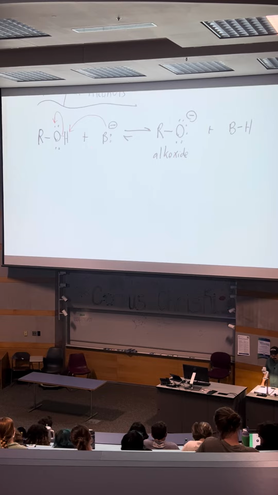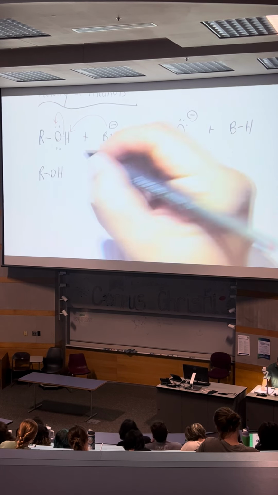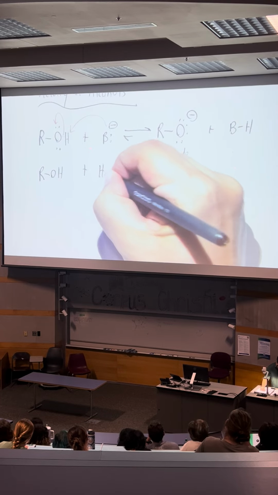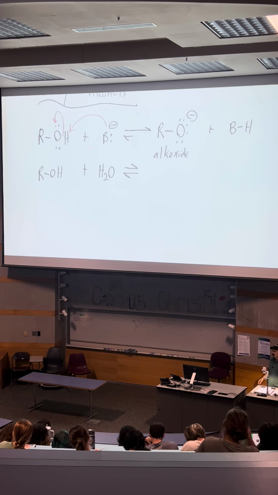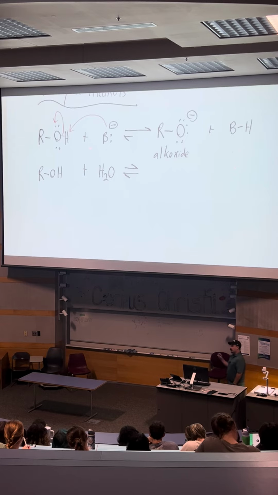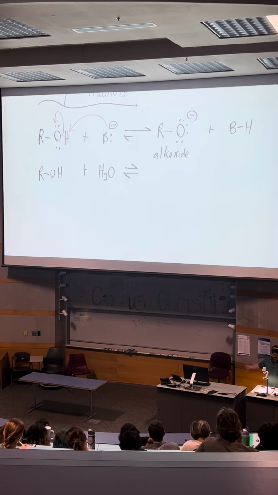Now, of course, because these acid-base reactions are in thermodynamic equilibrium, the extent of these reactions is highly dependent on the strength of the base in relation to the pKa of the alcohol. So, for example, when it comes to water, I want to point your attention to the fact that the equilibrium arrows are now about equal in length, whereas in the previous example on top, the equilibrium arrow is showing that the reaction lies heavily in favor of the products.